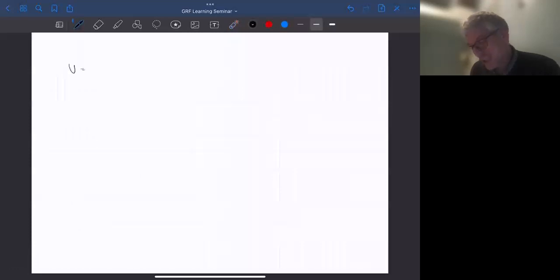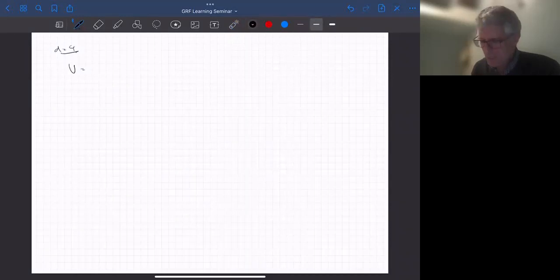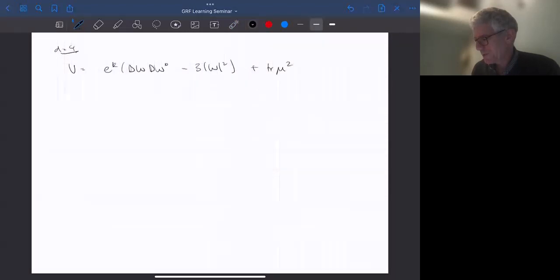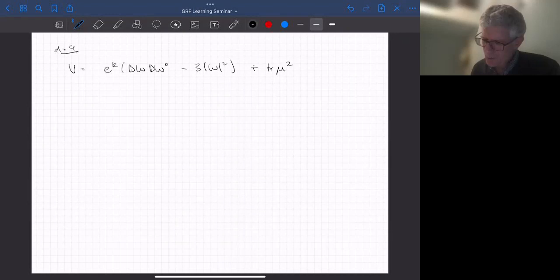If I thought about this from a d = 4 point of view, the potential was given by some dW, let me just write, dW star minus 3W squared plus the norm squared of the moment map. So if we set involutivity, this is 0.